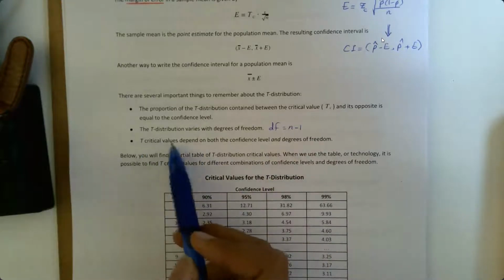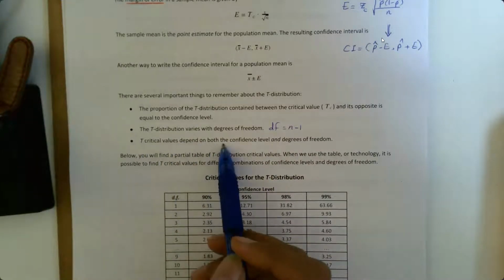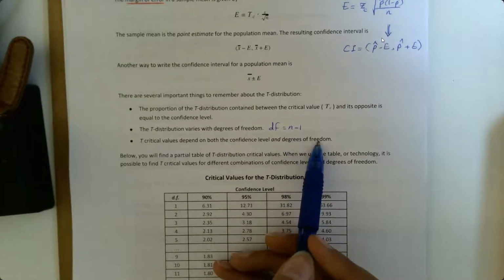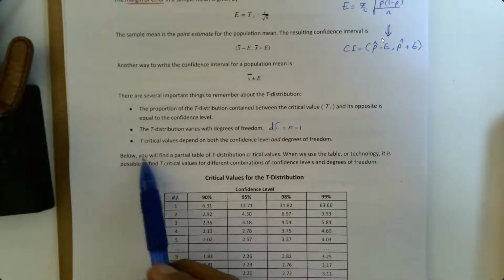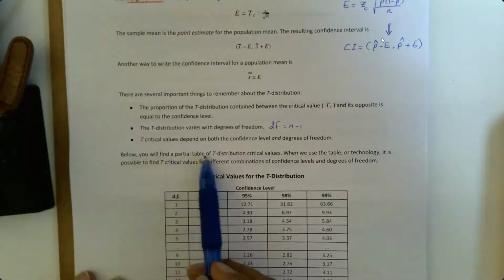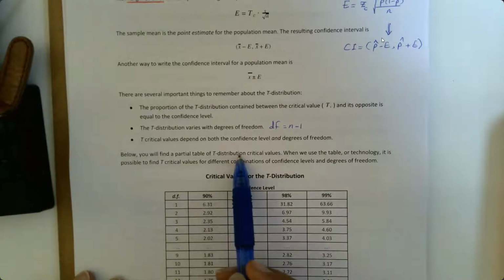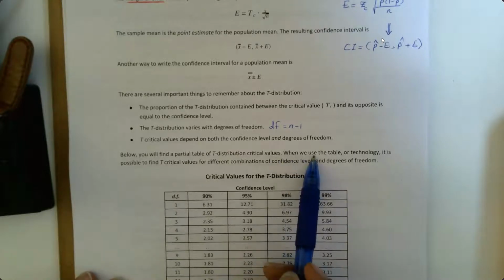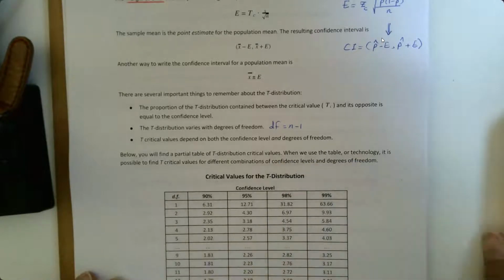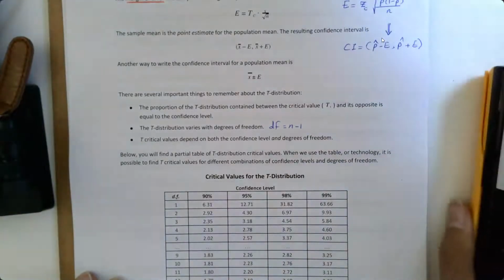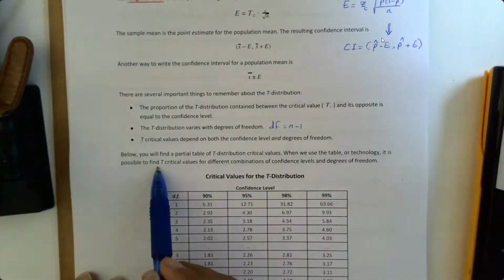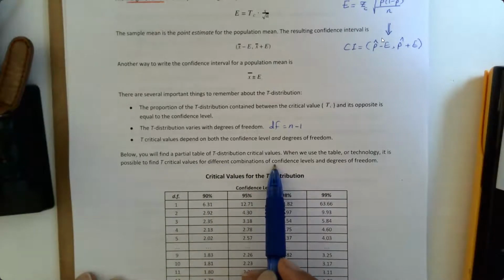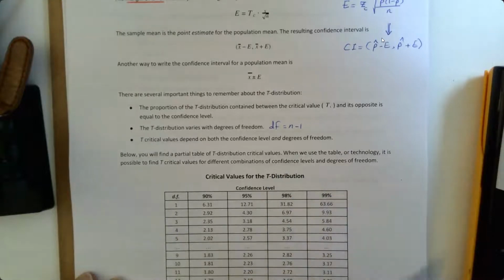T critical values depend on both the confidence level and degrees of freedom. Below, you will find a partial table of t distribution critical values. When we use the table or technology, our calculator, it is possible to find t critical values for different combinations of confidence levels and degrees of freedom.